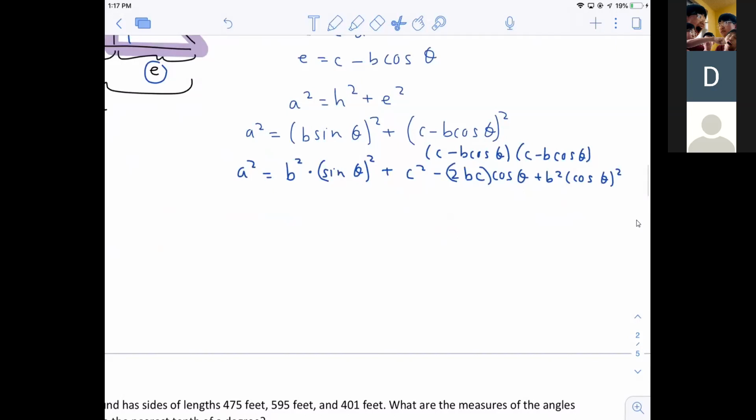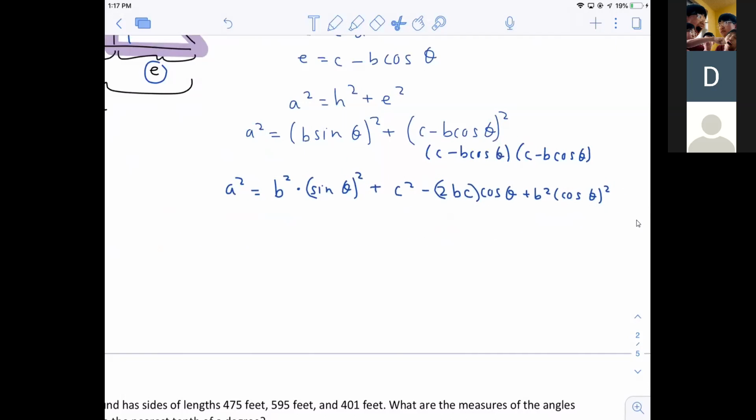Now let's clean this up. It's super messy right now, a lot of terms. But if you look at this and this, you'll notice that they both have a B squared in common. So let's factor out that B squared.